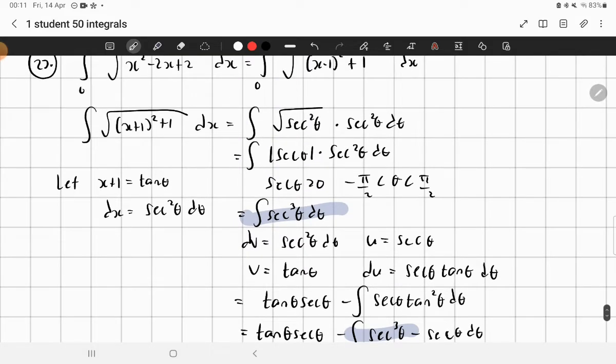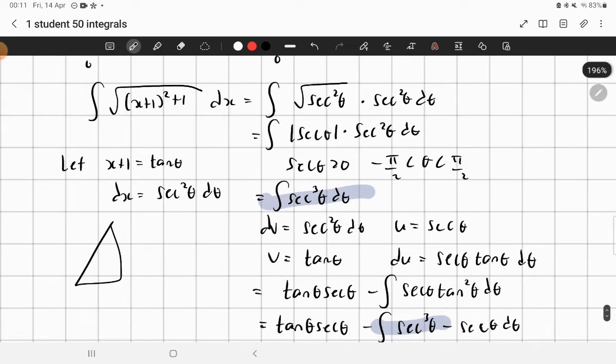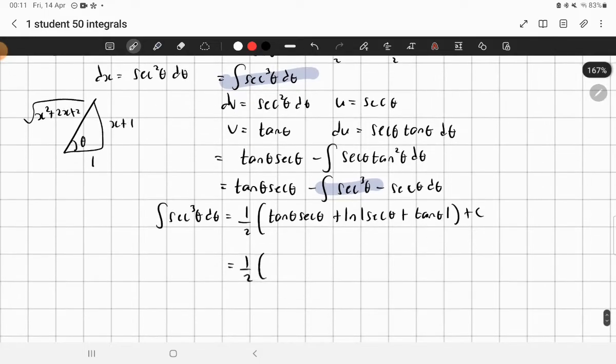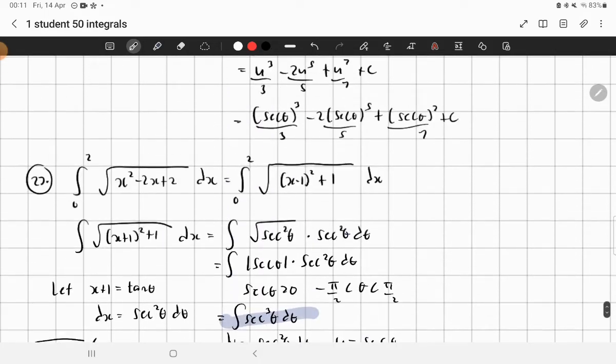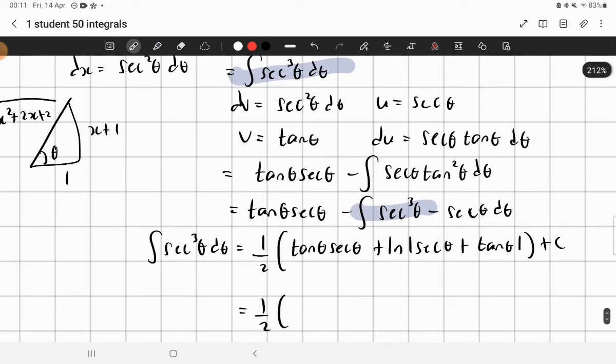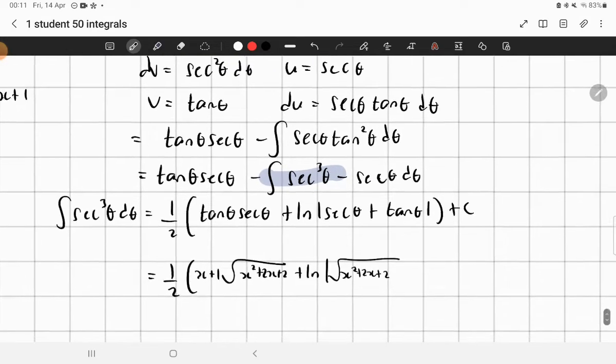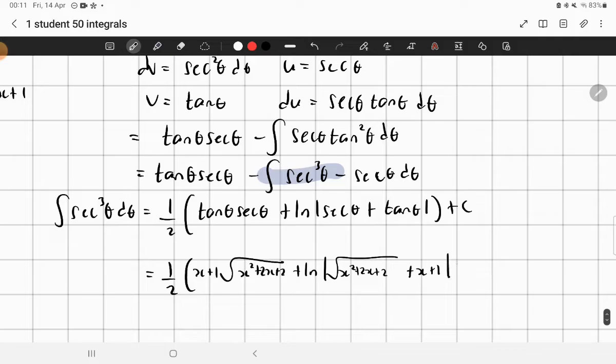Okay, so I'm going to build a triangle yet again, and here theta will be opposite over adjacent side, with hypotenuse the square root of x squared plus 2x plus 2. So tangent theta comes from x plus 1, and then secant theta will be the square root of x squared plus 2x plus 2, plus ln the square root of x squared plus 2x plus 2 plus x plus 1, plus c.